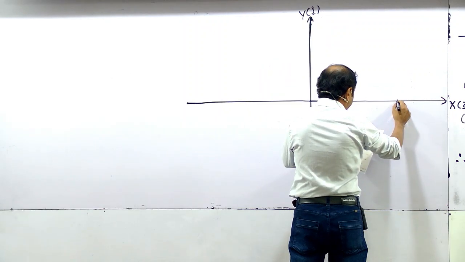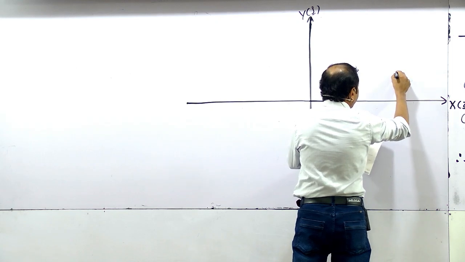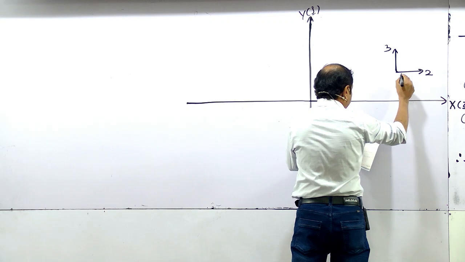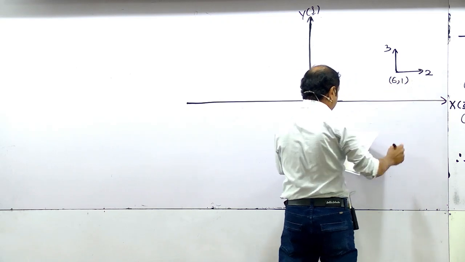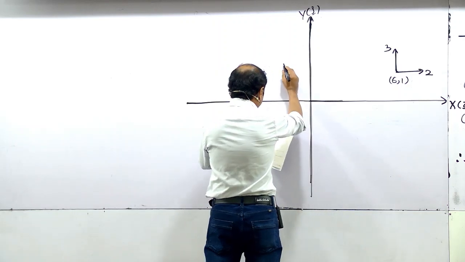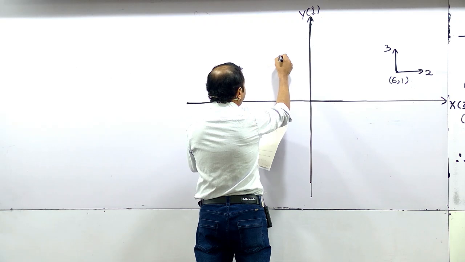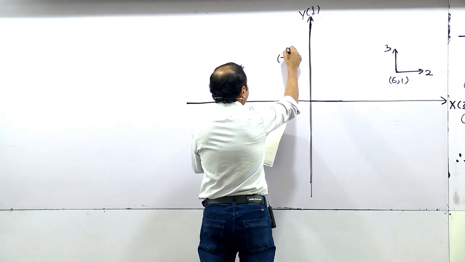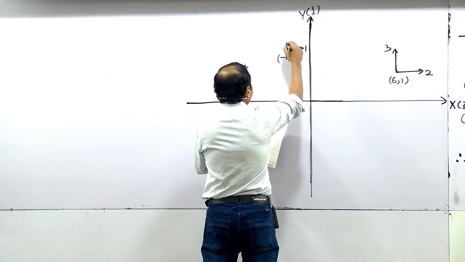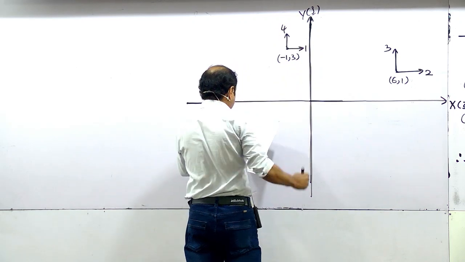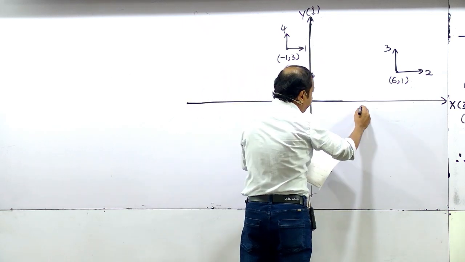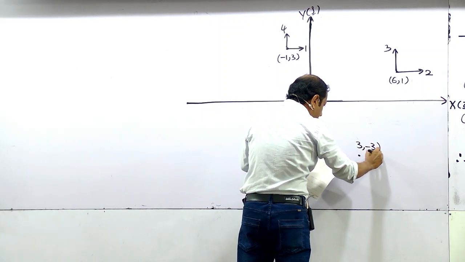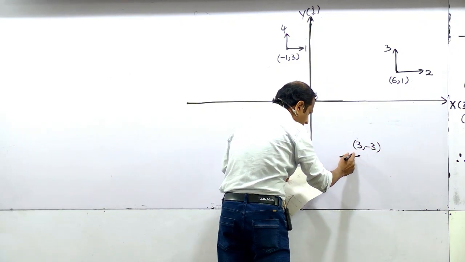At the point 6, 1, the two forces, 2 here, 3 here. Here the point is -1, 3. At the point -1, 3, the force is rightward 1, upwards 4. At 3, minus 3, the two forces are leftward 2.